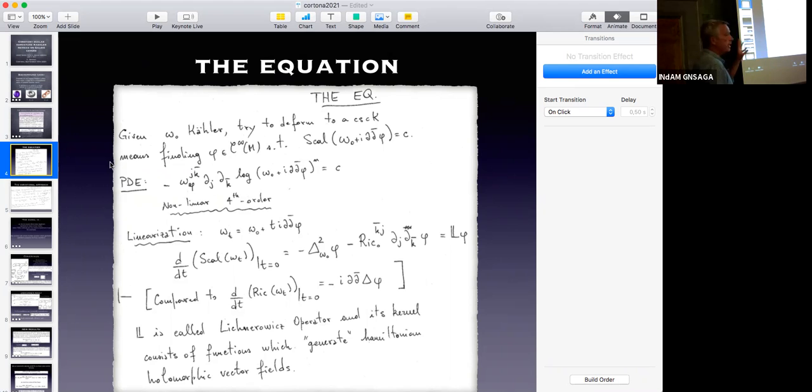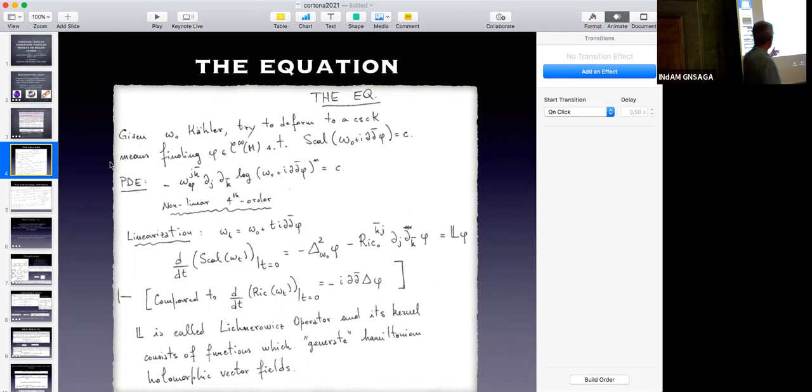And here there's a little miracle happening because looking at this expression, you can say, okay, the equation was hopeless, the linearization is almost hopeless. On the other hand, thanks to Lichnerowicz himself, and then many people, I found a paper by LeBrun and Simanca, one of the best places where to learn the story. Okay, the operator is actually mysterious, but its kernel has a very neat and beautiful interpretation.